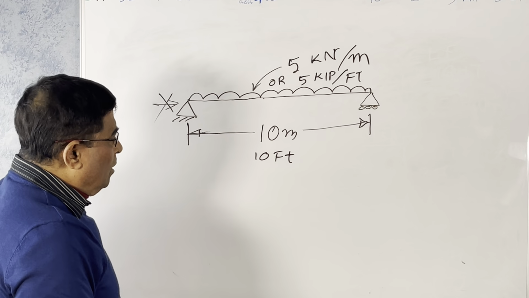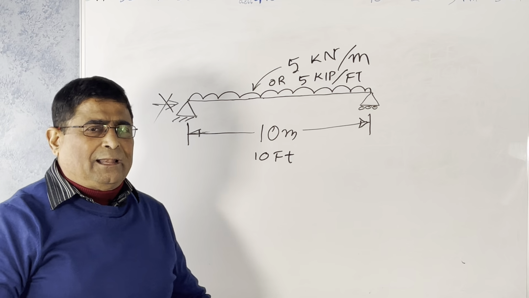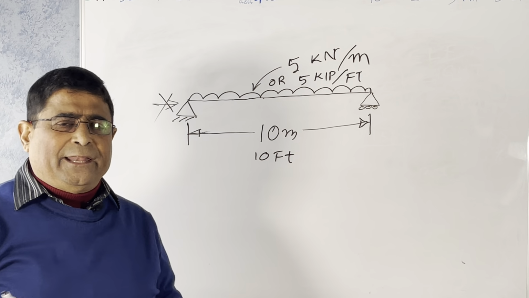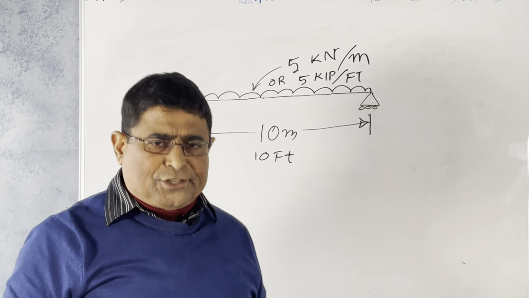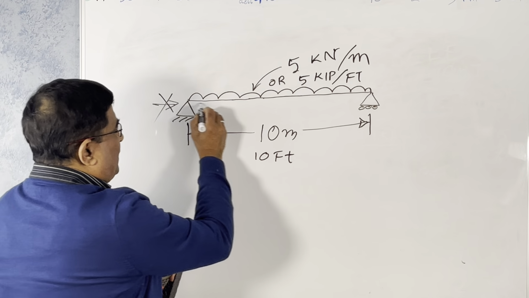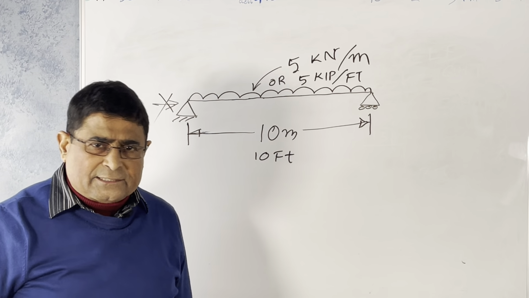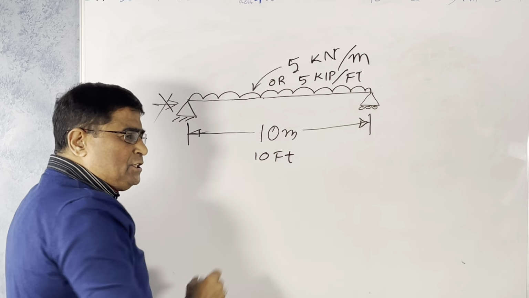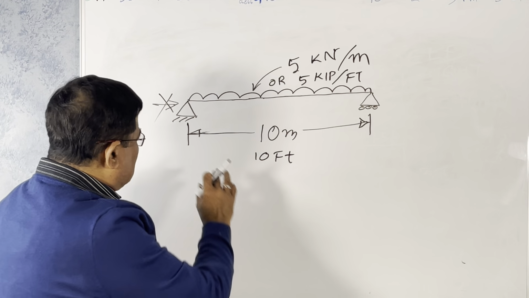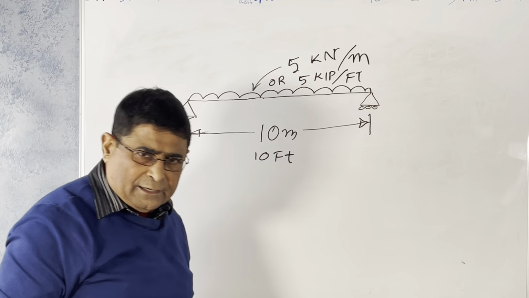So first of all, you have to find the reactions. That is the fundamental thing. Whenever you have a bending moment and shear force diagram, you need to calculate the reactions. If the load covers the whole span and the load and location are symmetric, as I told you in the last class, you can simply take half of the load going to each support.